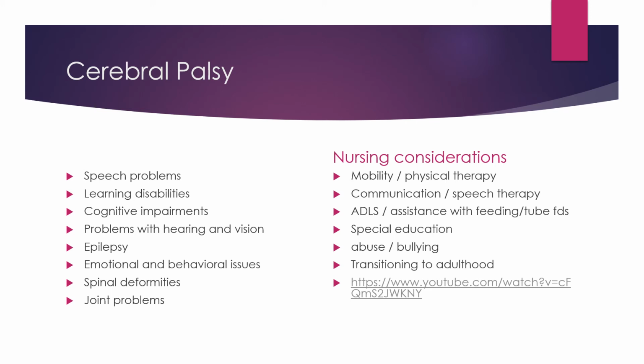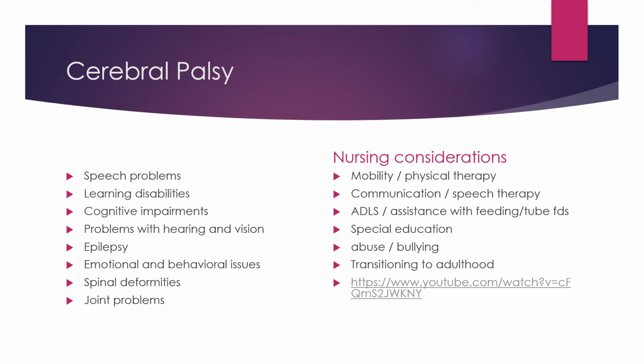spastic cerebral palsy means tightness in all of the muscles. And that can impair both fine and gross motor movements. So they have a very difficult time with things that we would normally do or take for granted, like picking up a spoon or a pencil. Those are your fine motor things.